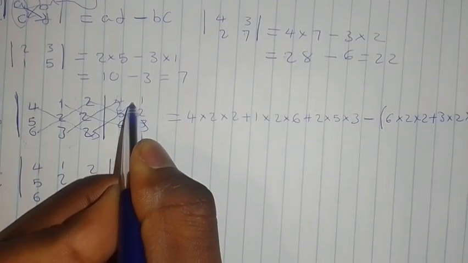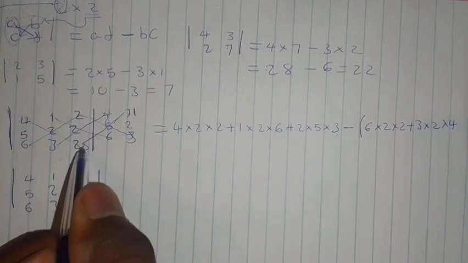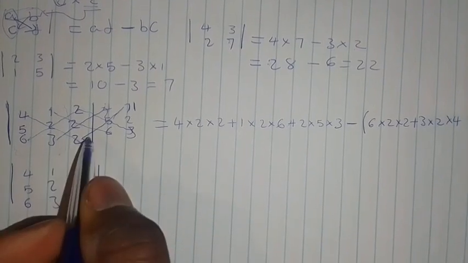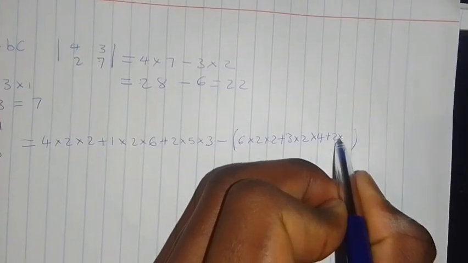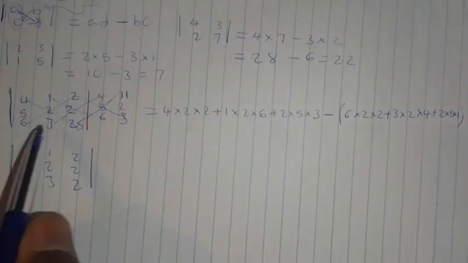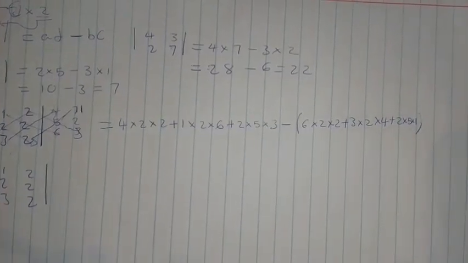And then after we're going to have 2 by 5 by 1. This is 1 here. So I'm going to have plus 2 by 5 by 1. So this will be using the diagonal rule to evaluate that determinant.